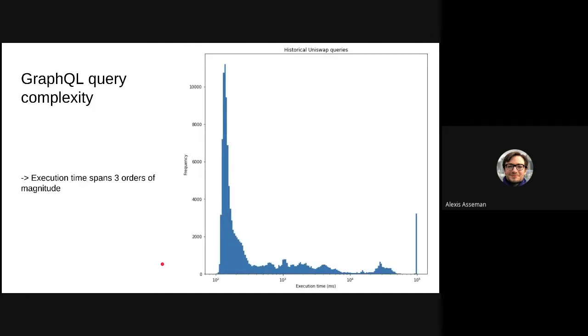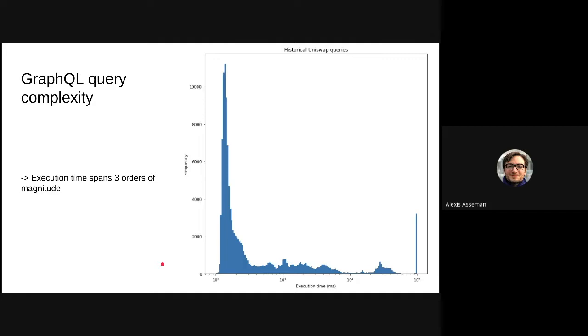First, I'm going to give a little bit of context on query complexity. Here in particular, it's Uniswap v2 queries. We have measured that many queries can take upwards of 10 seconds to execute, while others take 10 milliseconds. There is a huge spread, and those long-running queries are particularly rare.